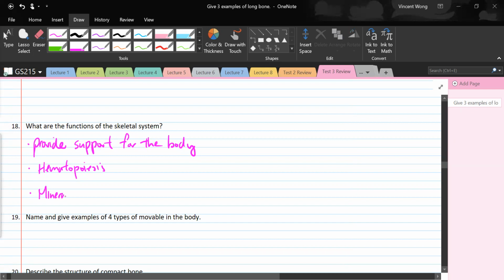Mineral storage, not just calcium, but phosphate as well, right? And allows movement. When the muscle pulls on it, you move, right? Protection of organs.